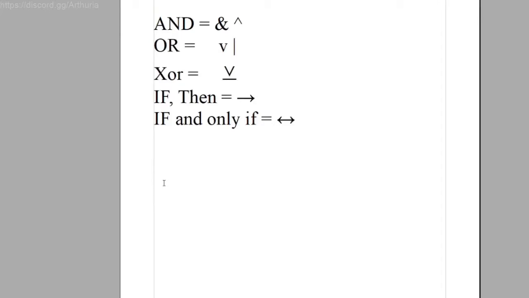But if-then actually means, if we were to say, hey, not A or B, this is equal to if A, then B. And then for if and only if, it's a little bit complicated, but if you wanted to see it, this is what if and only if looks like.